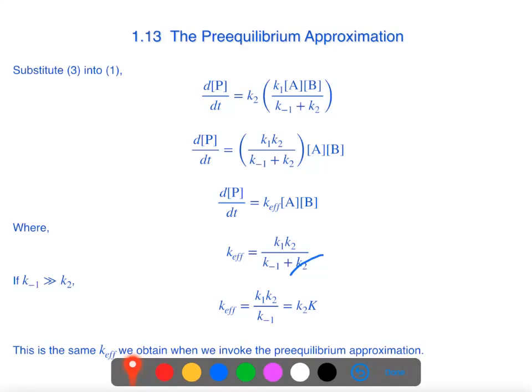So the pre-equilibrium approximation can save you a little bit of time in developing a rate law expression for a reaction mechanism if you have some insight that there is an equilibrium at some point within that mechanism. Otherwise, you still have the steady state approximation that you can use to develop a rate law expression for a complex reaction mechanism.